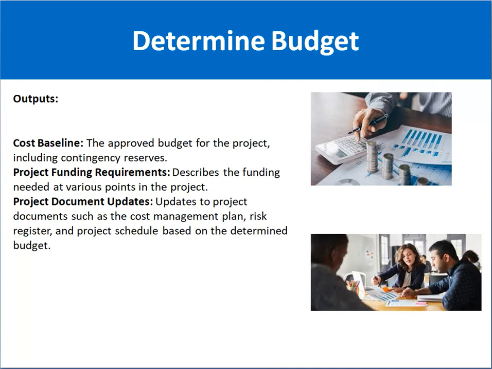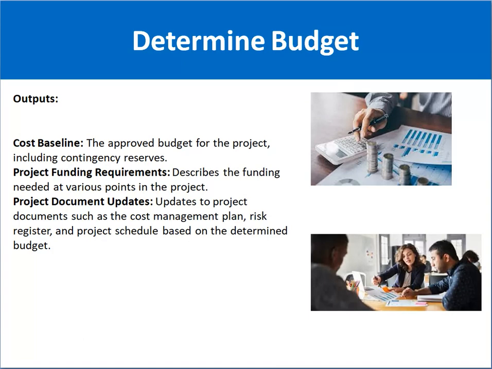Overall, the output of this process is the approved budget for the project, including contingency reserve. For example, you talk with the experts, and after discussion they have analyzed and made the budget for the overall cost of the project, and it has also included the contingency reserve.